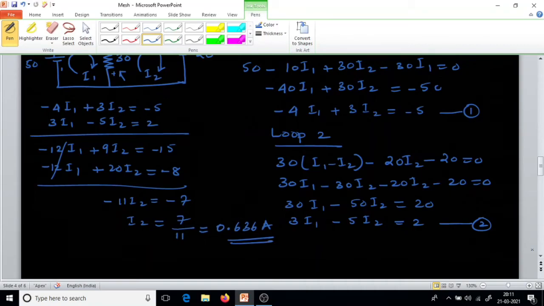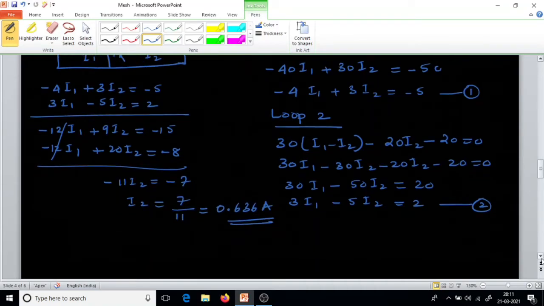Now we have to find I1. So I'll put here this second equation, that is 3I1 minus 5I2 equals 2. So 3I1 equals 2 plus, minus 5I2 will come to the other side, 5 multiplied by 0.636.